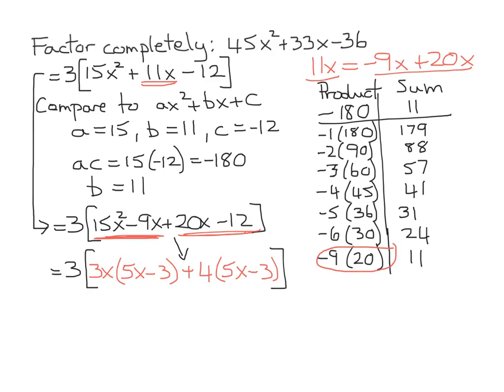So now, is this binomial factor the same as this? Yes. So I have 3 times my common binomial factor of 5x minus 3. And what's left when I factor this out? I get 3x plus 4.